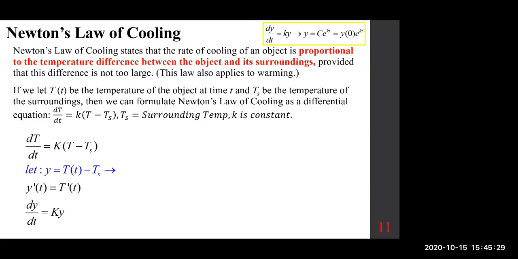This law also applies to warming. Think about the concept. You have a cup of coffee, you bring it to the room temperature. Everybody knows that this cup of coffee is hot or very warm, and it's going to cool down. And ultimately, if you leave it in the room, in the long run, it takes the temperature of the room.